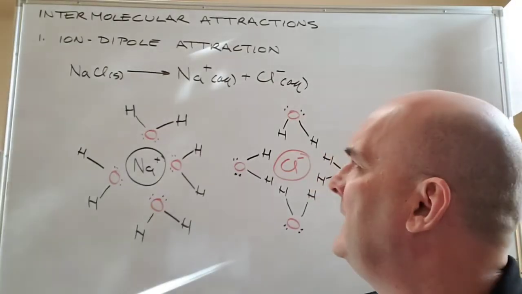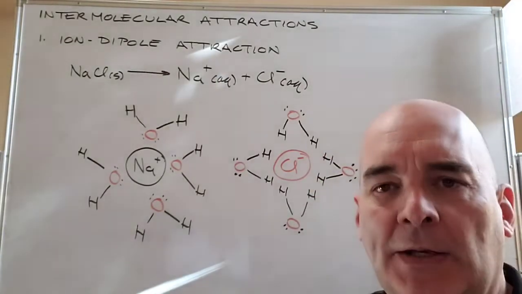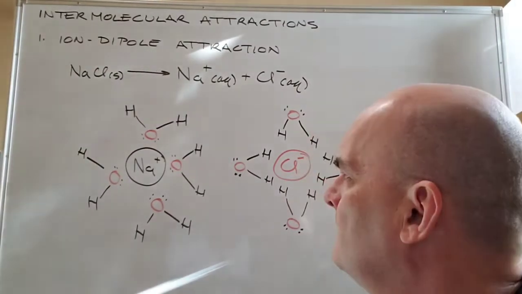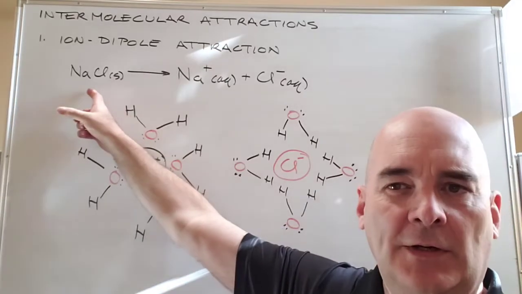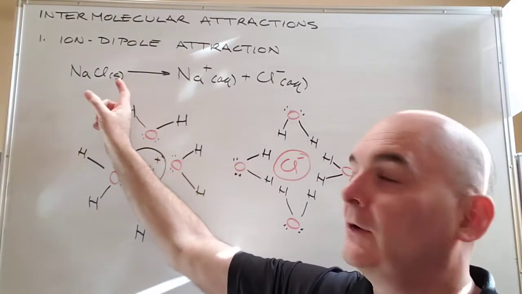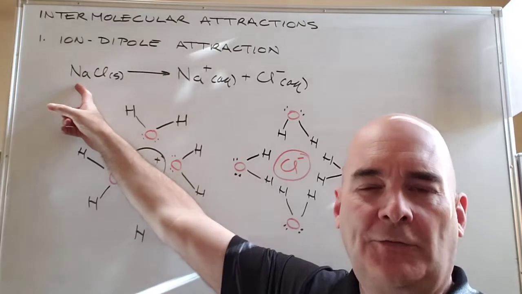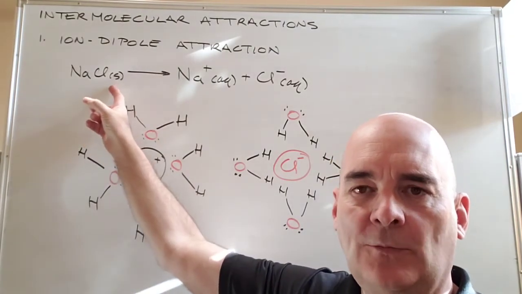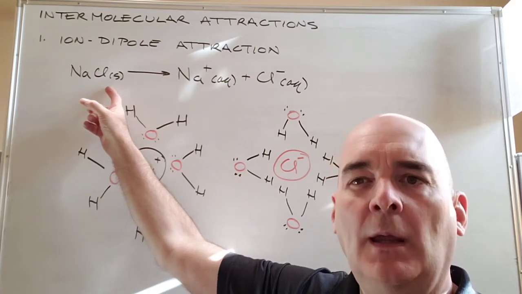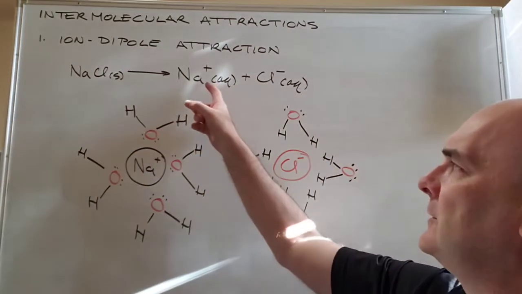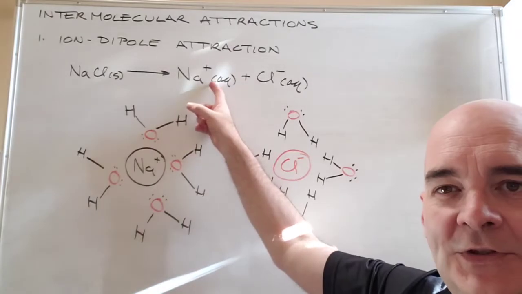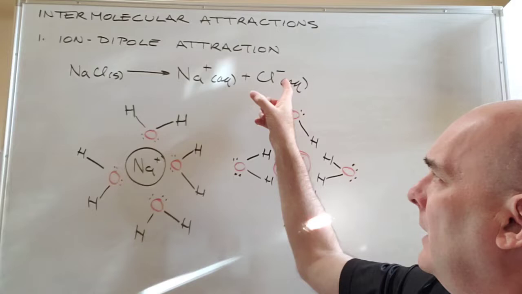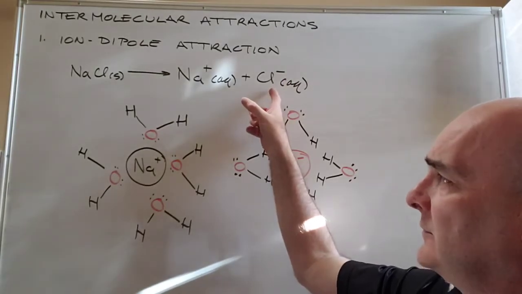The first intermolecular attraction that we'll look at is called an ion-dipole interaction. We know that ionic materials, like sodium chloride, like salt, where we have a metal from the extreme left of the periodic table and a non-metal from the extreme right of the periodic table, when they dissolve in solution, they ionize and dissociate and become sodium cations and chloride anions.